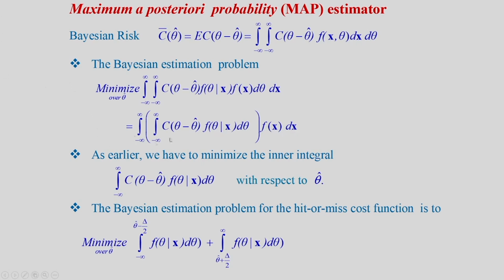So, we have one inner integral and one outer integral. Since f(x) is always greater than or equal to 0, the double integral will be minimized whenever the inner integral is minimized. So, our minimization problem is to find the minimum of the integral from minus infinity to infinity of C of theta minus theta hat into f of theta given x d theta with respect to theta hat.